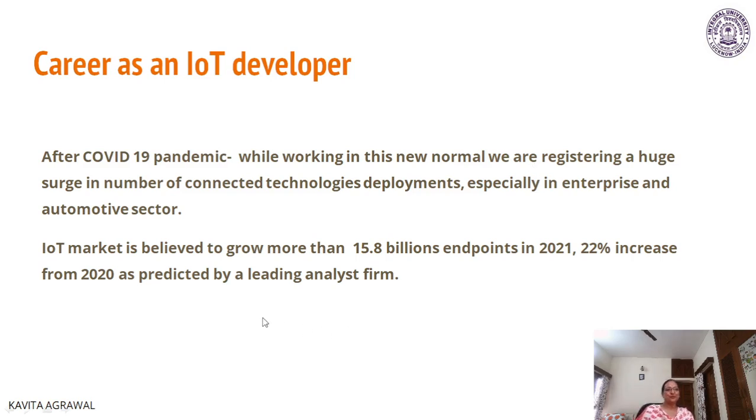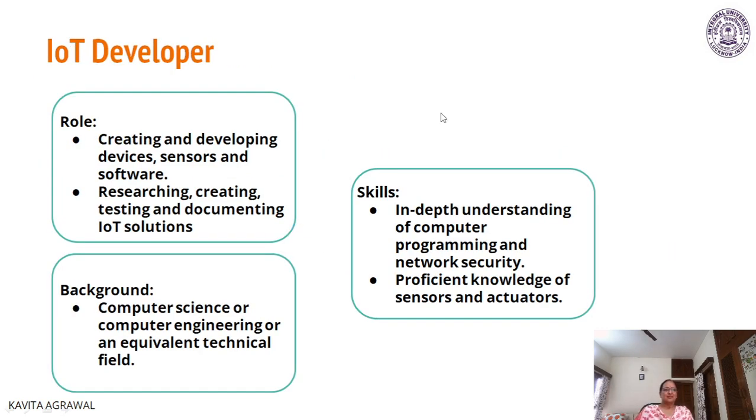Now, if IoT has prompted me to think of it as a career for myself, and I'm looking at a career as an IoT developer, then there is a small overview which I would like to give. What is the role of an IoT developer?